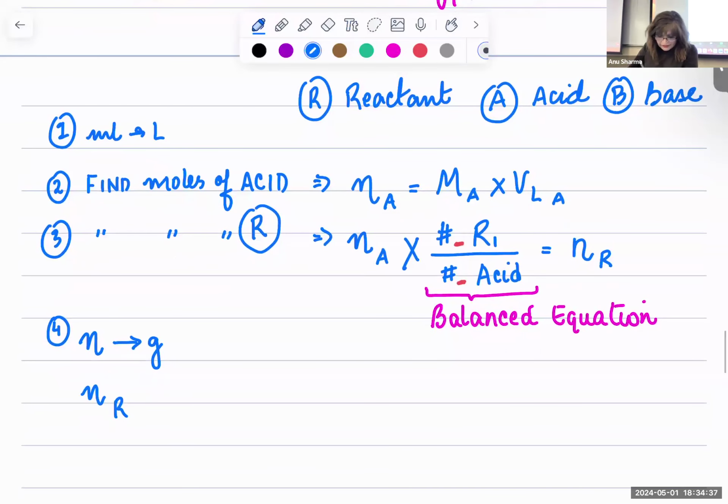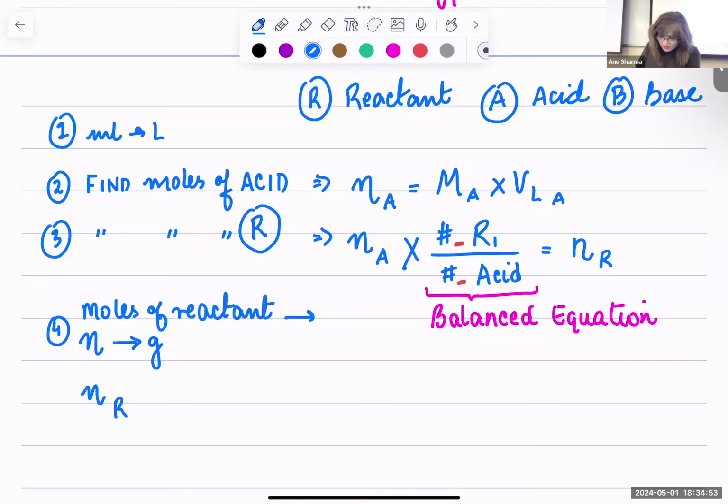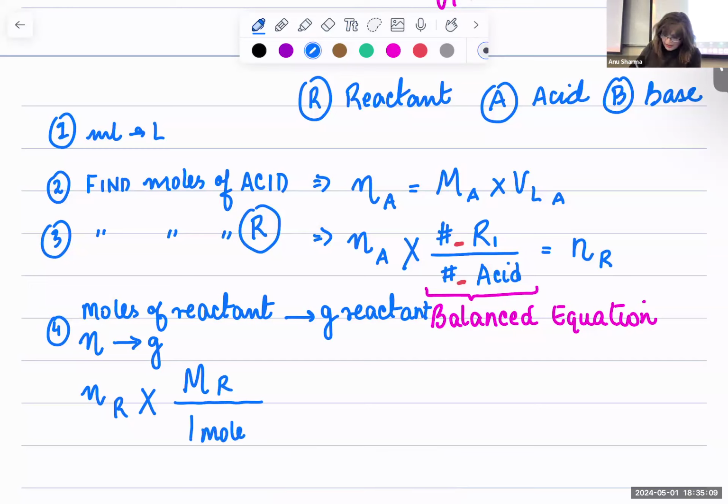All right, so N is the number of moles of the reactant. We got the moles of the reactant, okay? Now you take the moles of the reactant and convert it into the grams of the reactant. So what will you do here? You are going to multiply by the molar mass of the reactant over 1 mole of the reactant.